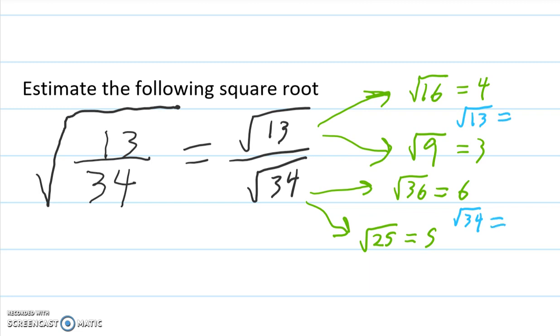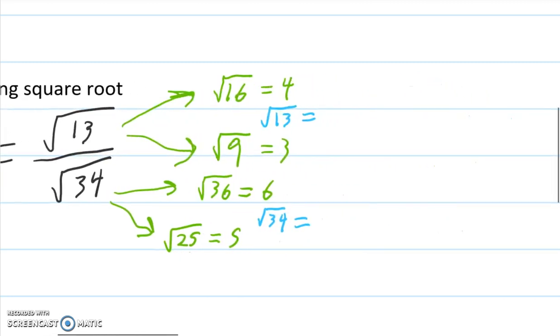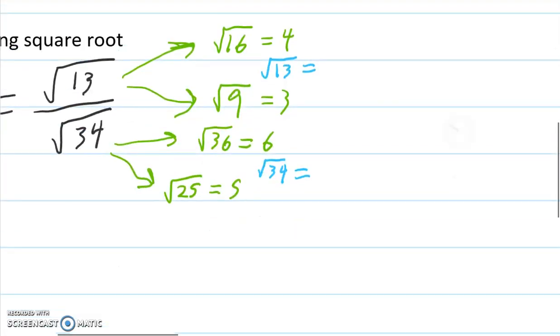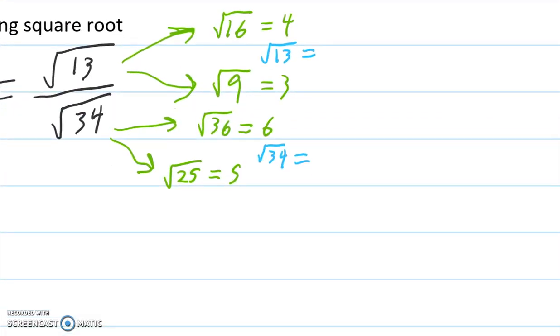Now what I like to do, especially with estimation, is have a number line. So we're going to try out a number line here. For this 13 one up here, I would start with a number line between 9, that's our lower limit, all the way to 16 being our upper limit.